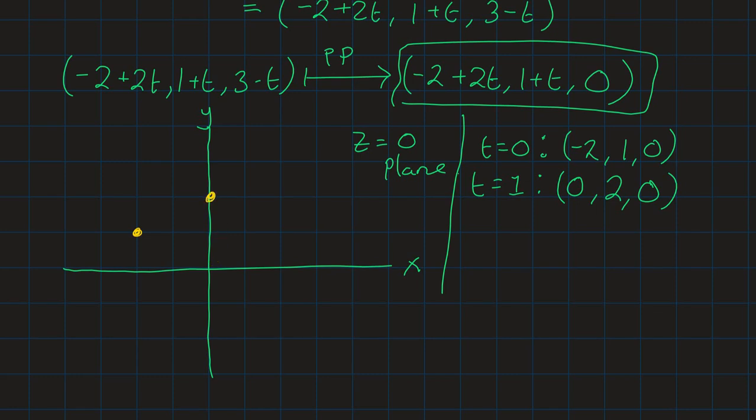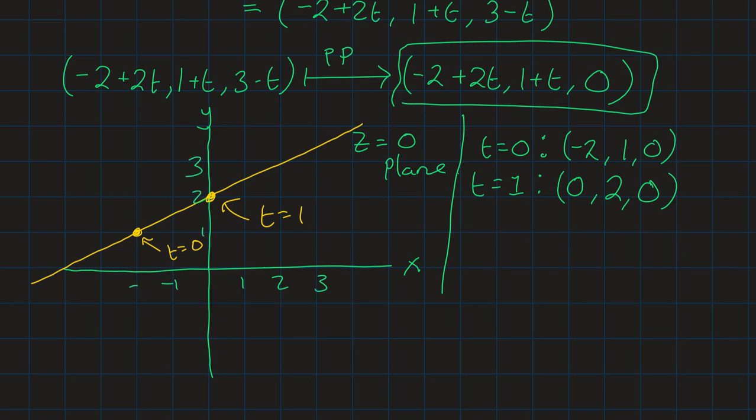And now I know that because the answer is a line, I just connect these 2 points up like that. This is the point that corresponds to t equals 1, and this is the point that corresponds to t equals 0. I always forget, but I should have labeled my axes at least a little bit like this.